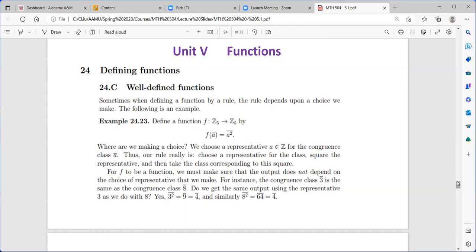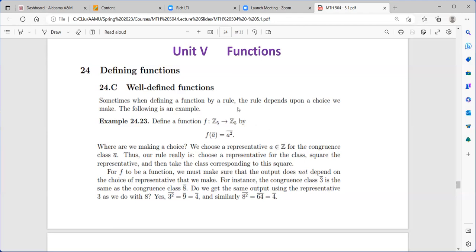You cannot have two y's for each x. So if you do have a case when you map one x to two y's or several y's, then the function is not defined, or we say it's not a well-defined function. Okay.